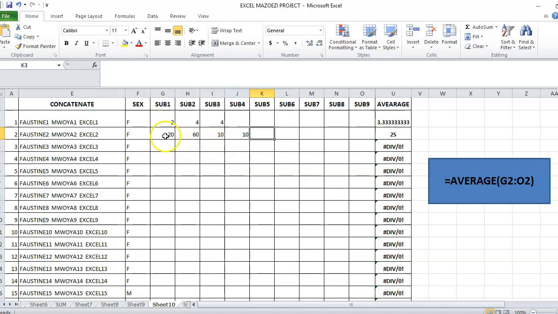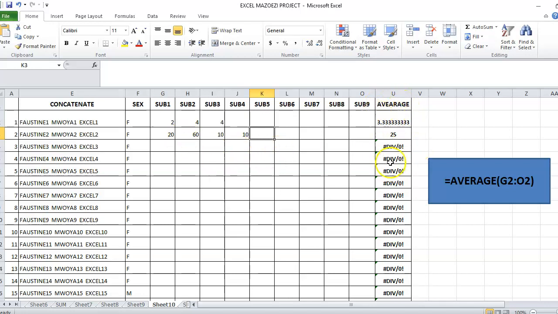I have 4 observations: 1, 2, 3, 4. So it is 100 divided by 4, and the answer is 25. So this is how average is calculated. First it sums up the numbers, and it divides by the number of observations.